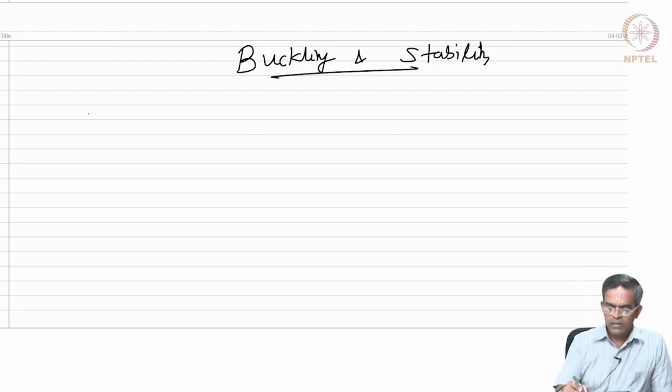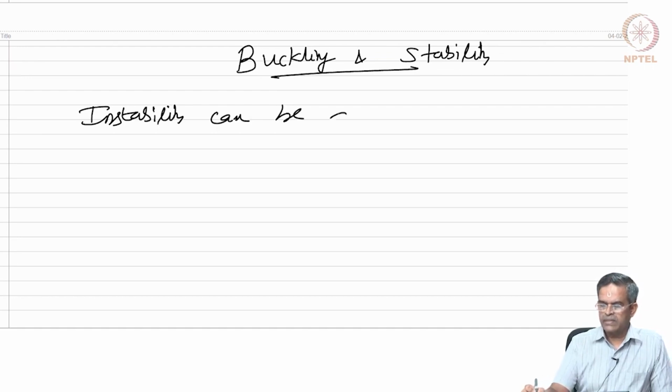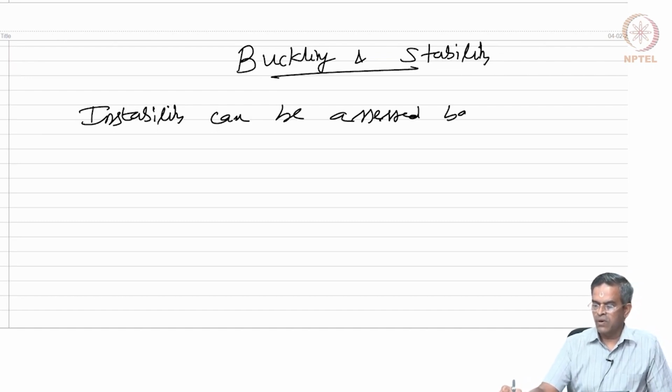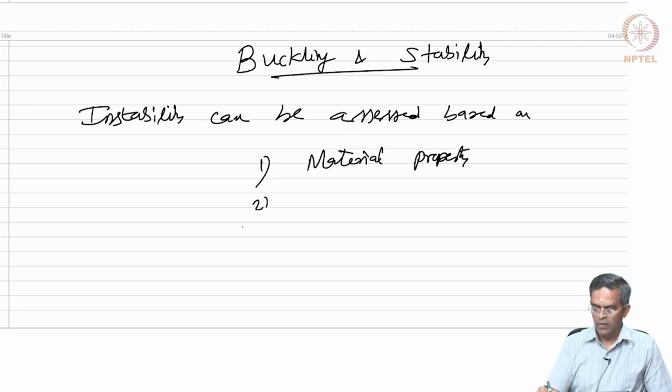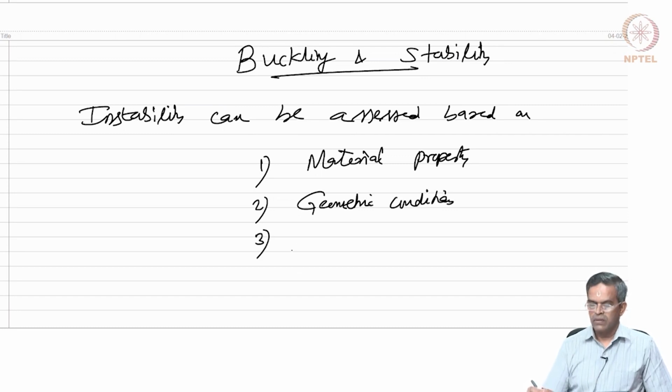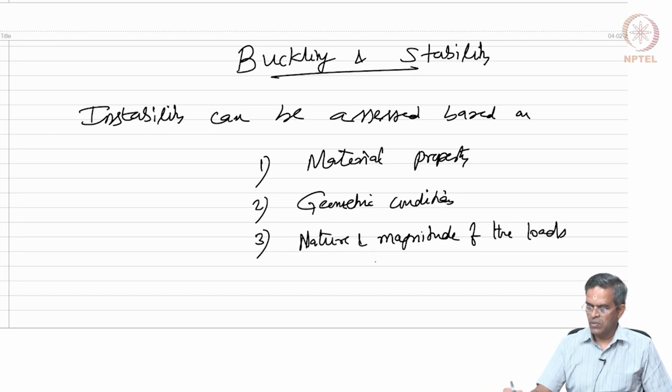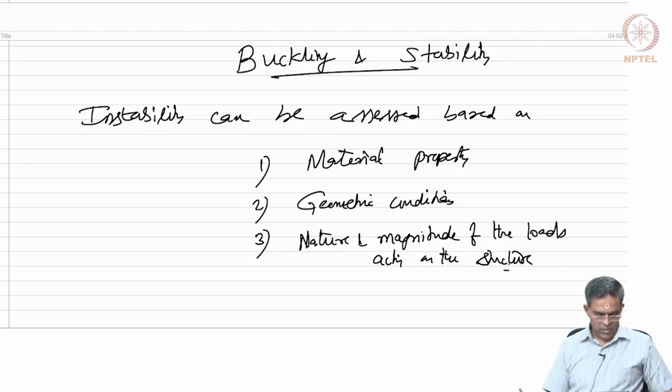Friends, instability can be assessed based on the following: 1, material property; 2, geometric conditions; 3, nature and magnitude of the loads acting on the structure. Okay, it's a standard thing.